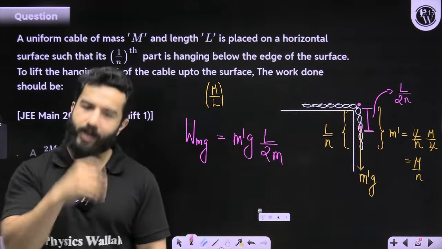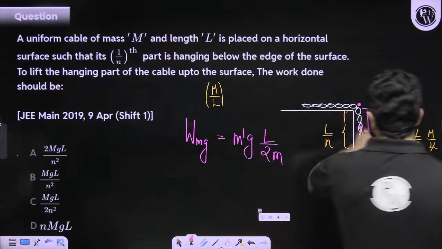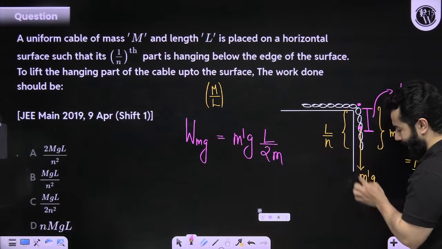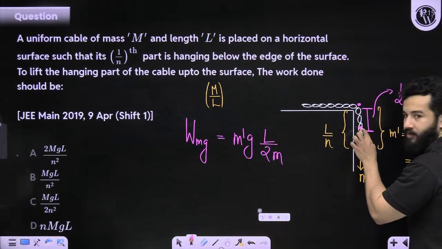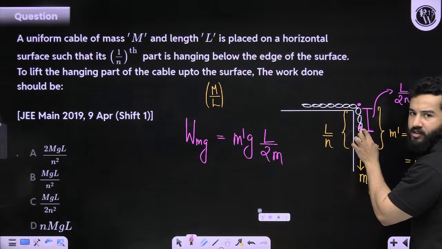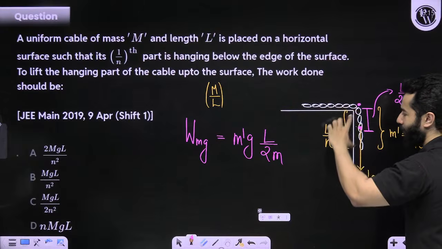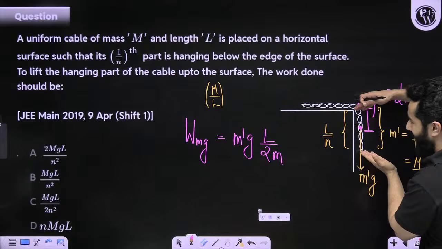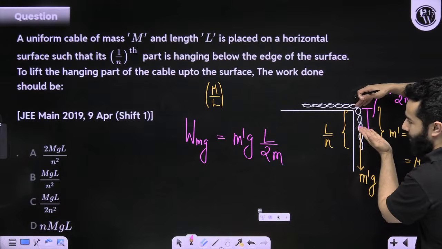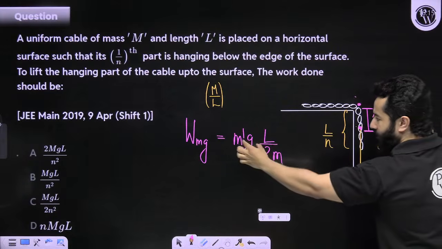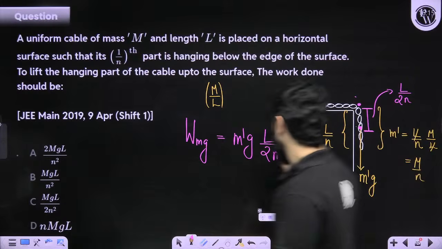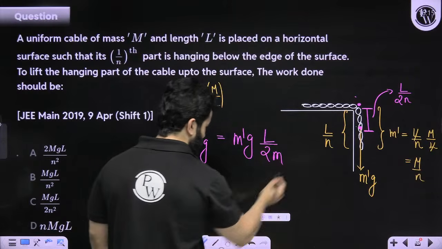Instead of assuming the entire chain, we are assuming that this entire mass m dash is at the center of mass of this part. So we want to lift this m dash mass from here to here. This length is L by n, so this length will be L by 2n. So that means m dash g times L by 2n.